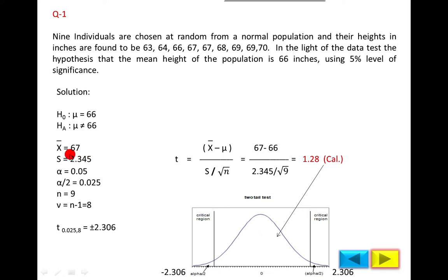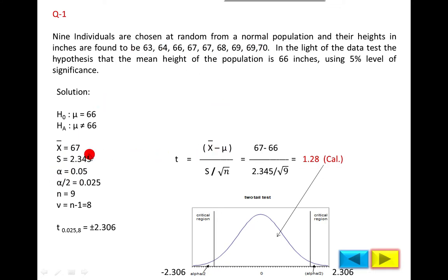In testing of hypothesis you have to calculate directly from the calculator, because using the formula will be lengthy and time consuming. So calculate the mean and standard deviation from the calculator.